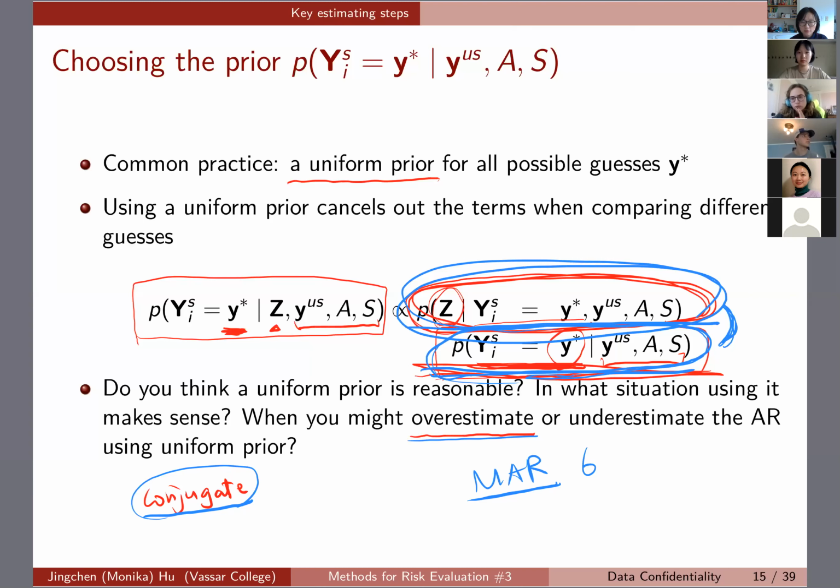If I'm trying to guess which level this person has for the marital status variable, and I know I have 6 possibilities to choose from because those are all the possible values, if I use a uniform distribution, would that make sense to you, or would you choose any other prior for this case? Yeah, Sarah?